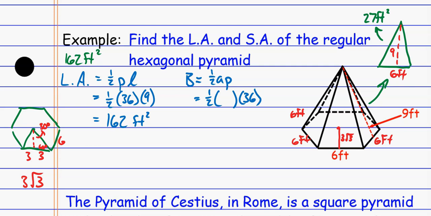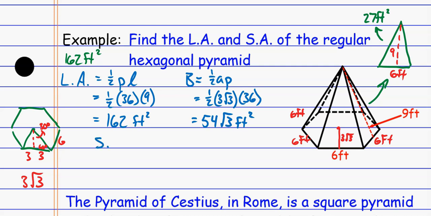And so now I plug this guy in. Again, this is probably a job for my calculator here, multiplying some of this stuff out. Looks like it gives me a 54√3. Notice I'm leaving it in terms of the radical for right now. That's square feet. Now let's find the surface area.